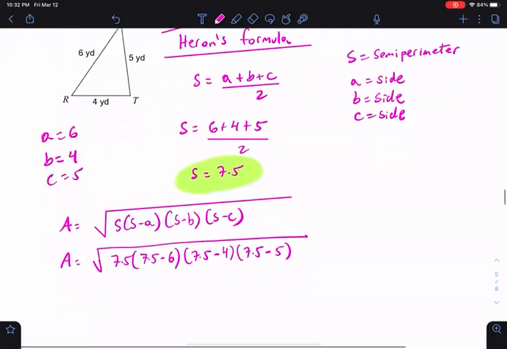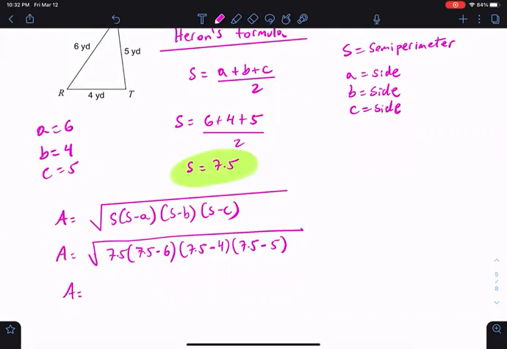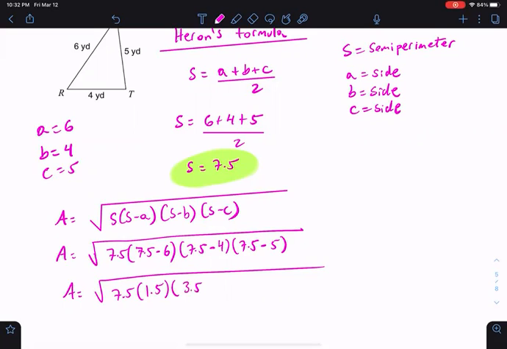The only thing you need to do is compute this. You can do this really fast. 7.5 minus 6 is 1.5. This is 3.5, because 7.5 minus 4 is 3.5. And this is 2.5, 7.5 minus 5.